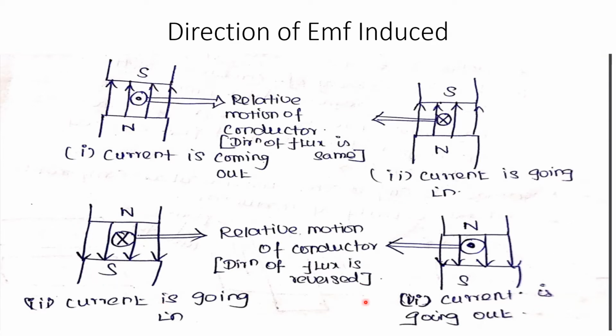Then the fourth case is, again, we are reversing the conductor moving direction. Now our middle finger is going out. That is, the current is going outwards. So from Fleming's right hand rule, we are able to find out the direction of EMF induced across the conductor.